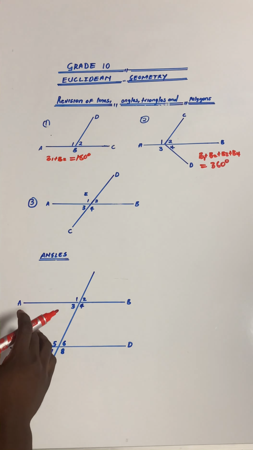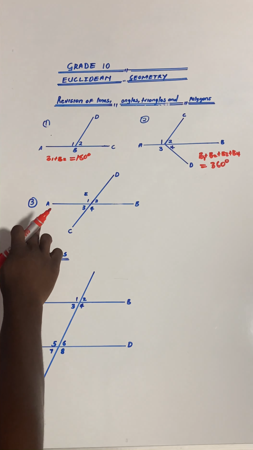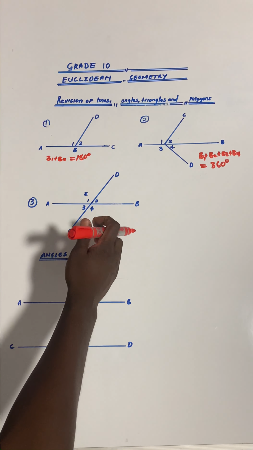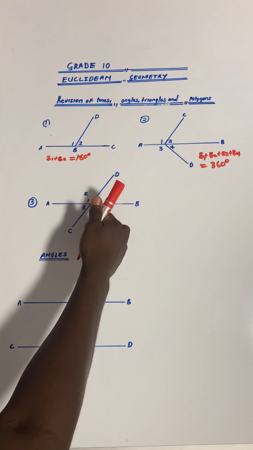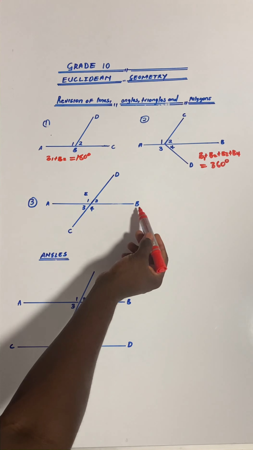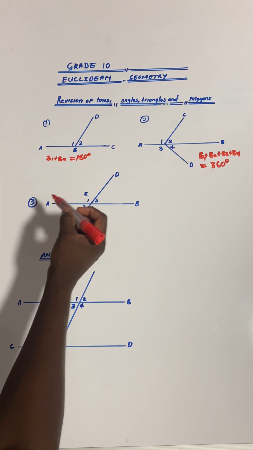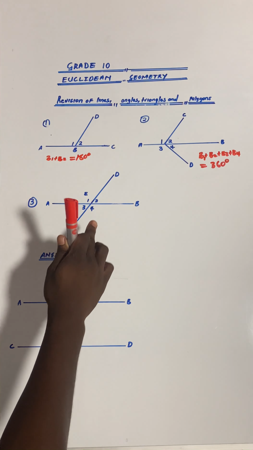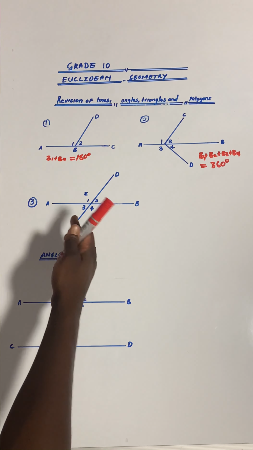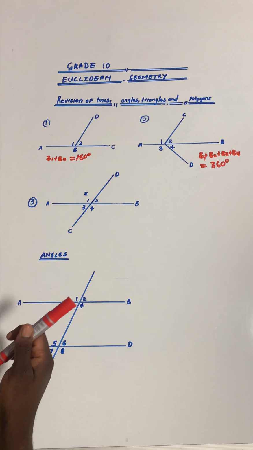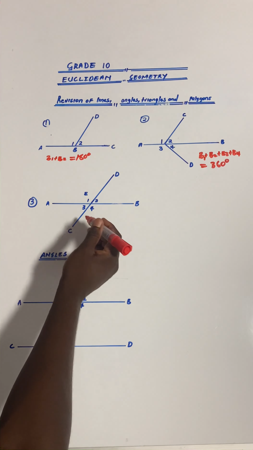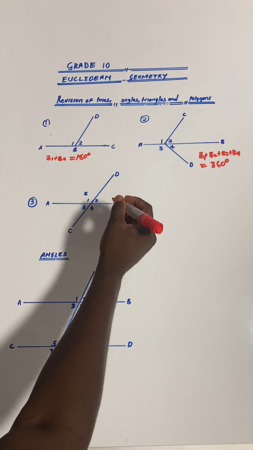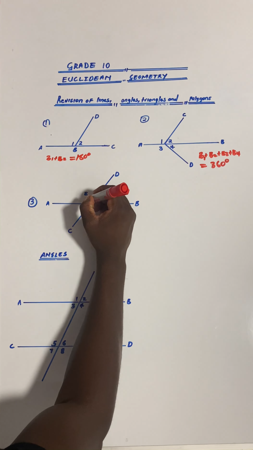So what are we doing in the third situation here? We're trying to see what happens if we have two lines, AB and CD, that are cutting each other, or intersecting with each other. The minute we have two lines intersecting, we are introduced to a new type of angles called vertically opposite angles.